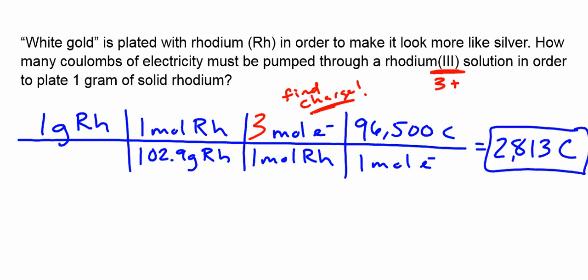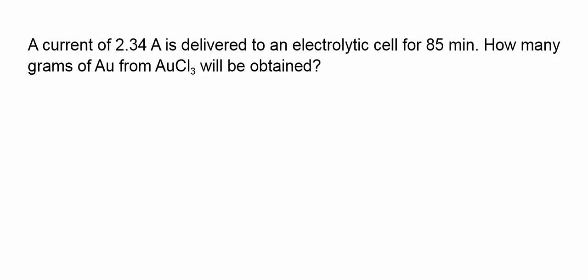Okay? Last but not least. A current of 2.34 amperes is delivered to an electrolytic cell for 85 minutes. How many grams of AU from AuCl3 will be obtained? Okay, so that means I want grams, and what I have right now is actually time. Okay, amperes or coulombs are probably utilized in the middle of everything.